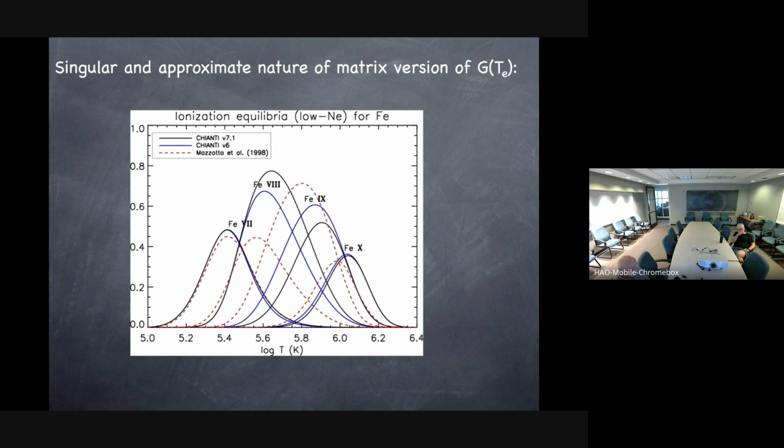But I've got to say that these changes that you see here are mostly to do with those coefficients, with radiative and dielectronic recombination and collisional ionization, collisional excitation followed by ionization, autoionization. All these things go into these calculations.